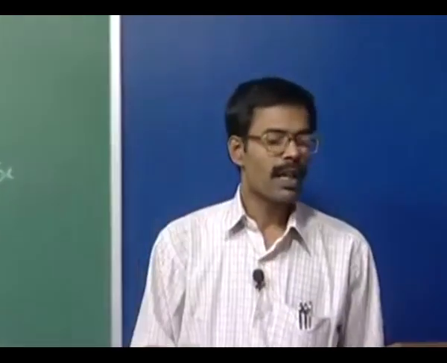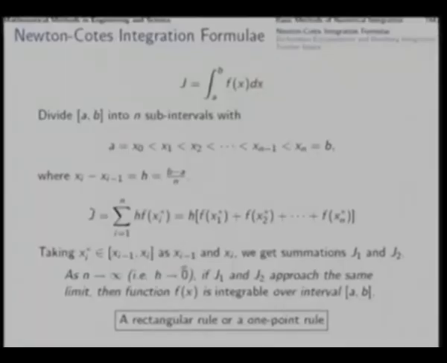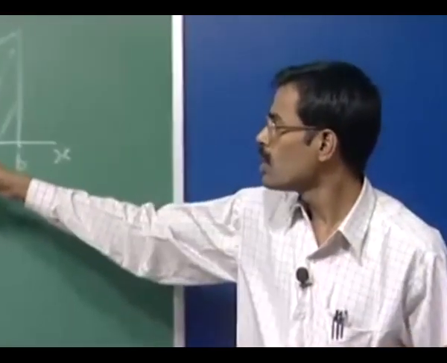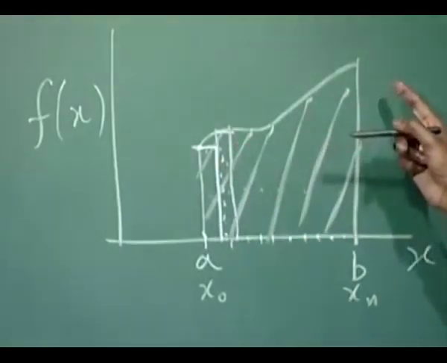Now, depending upon which point of the subinterval we take, say if we take the starting point of the subinterval, then we get one such estimate, say J1, and if we take the end point of each subinterval, then we get another estimate J2. Now, these two estimates might slightly differ depending upon how the function changes.